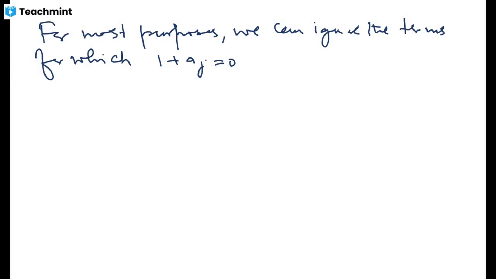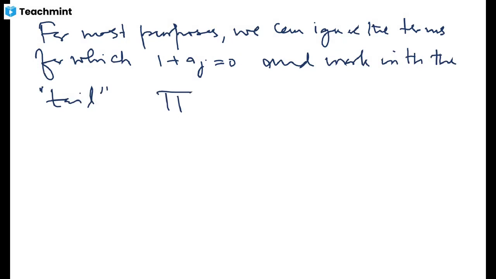And we cannot check the convergence with 1 plus aj equal to 0. We have to check the convergence with the product in which you don't have the zeros. The only thing that will remain to us is a tail of this product, and we work with the tail. You see, with a tail you drop the first finitely many terms, and what is left to you is a tail.